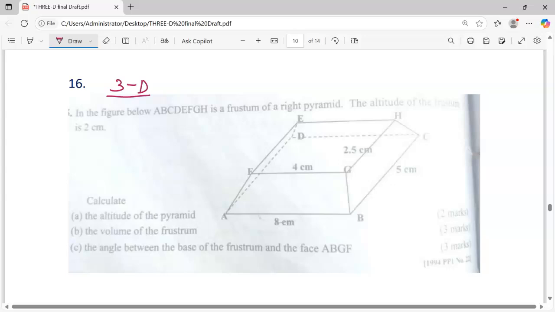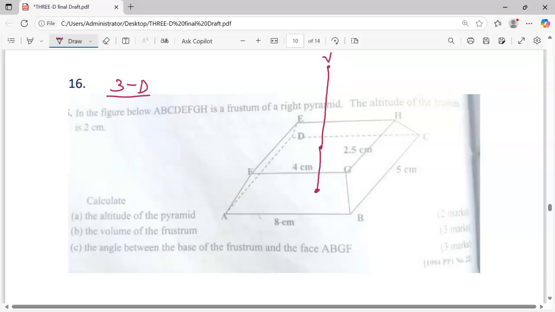We are first going to draw the pyramid from where the frustrum was cut, and we are going to do that by drawing a line from a common point V to the center of this frustrum.